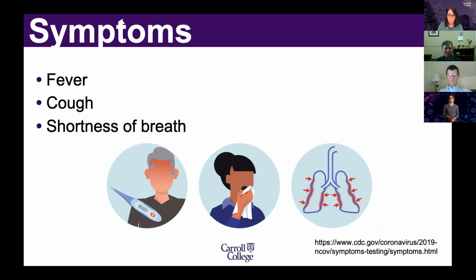However, some studies have found that symptoms can develop as soon as 3 days post-exposure to as long as 13 days after exposure. And collectively, all of this work continues to support the CDC's recommendation of self-quarantine and monitoring of symptoms for 14 days post-exposure.